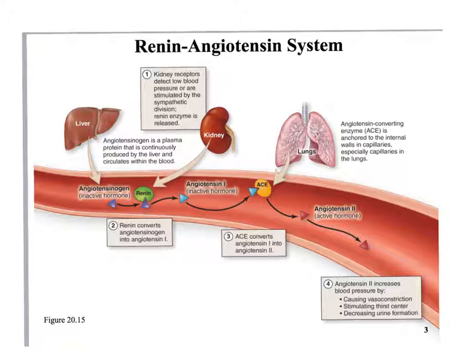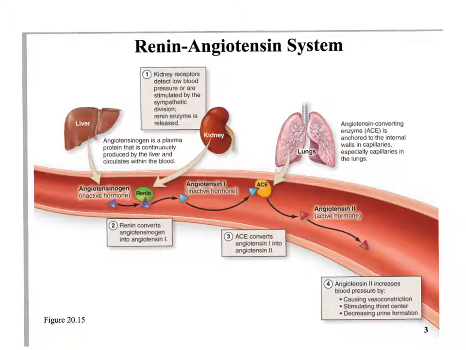So we'll start at number 1 here. The kidney. There are receptors in the kidney that detect low blood pressure. What would be the general name of those receptors? Baroreceptors, right?